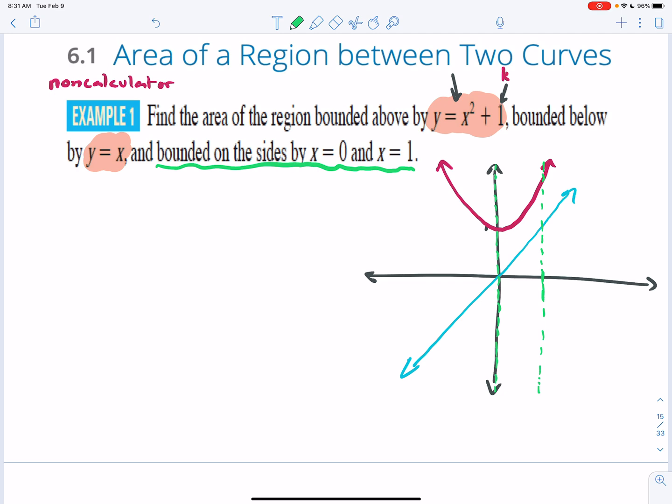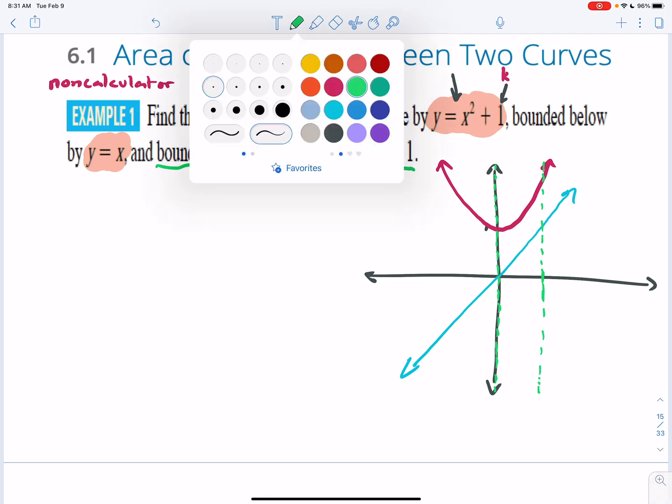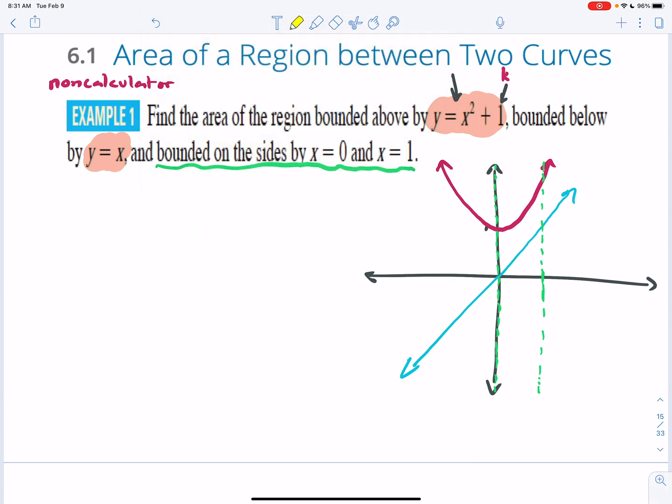So if you take a look here, I'll color it in carefully. So if the parabola is the boundary above, then everything below it is the shaded region. And if the linear function is bounded below, then everything above it is what we're looking for here.